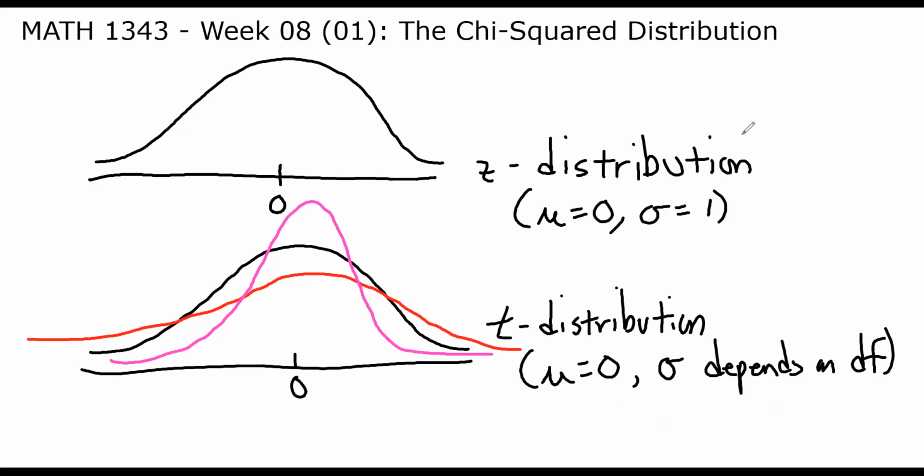So what's the chi-squared distribution? Well, first off, the variable is the Greek letter chi, which looks like an X, but I try to give it a little bit more curvature on the top with a square on it. So this is pronounced chi-squared. 2 words.